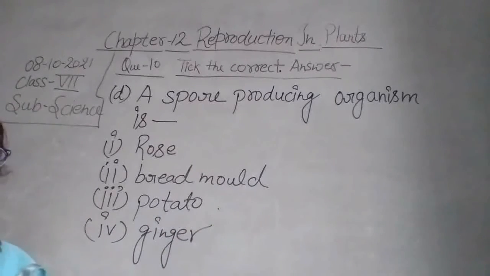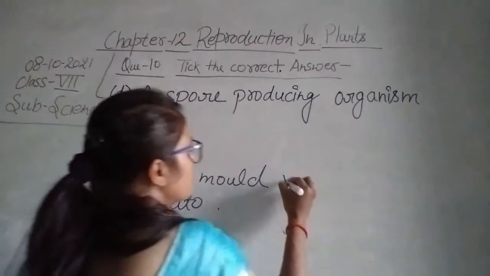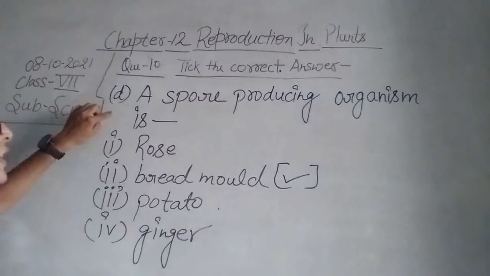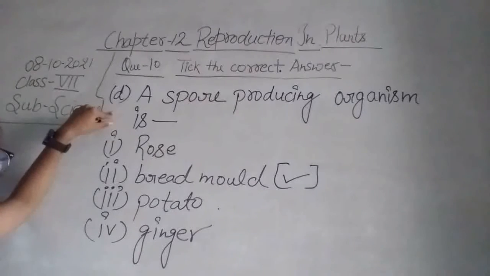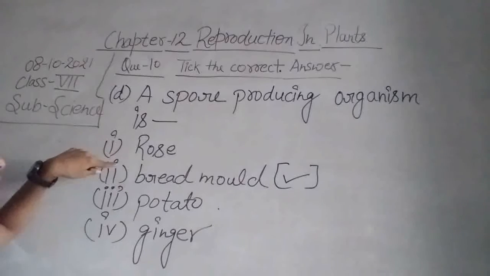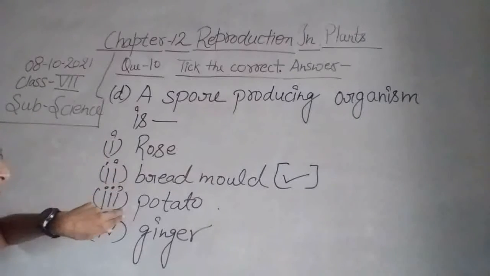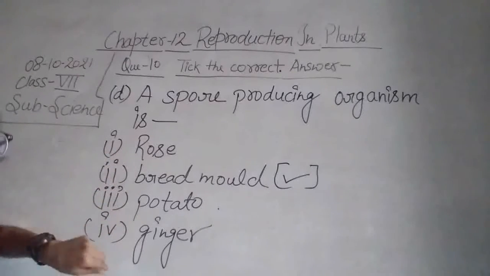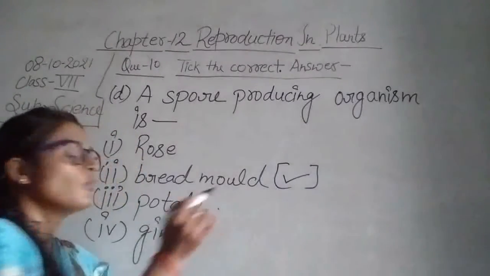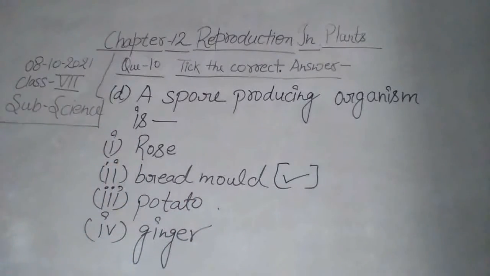And the right answer is bread mold. Question: a spore producing organism is, examples are given: rose option 1, option 2 bread mold, option 3 potato, and option 4 ginger, and the right answer is bread mold.